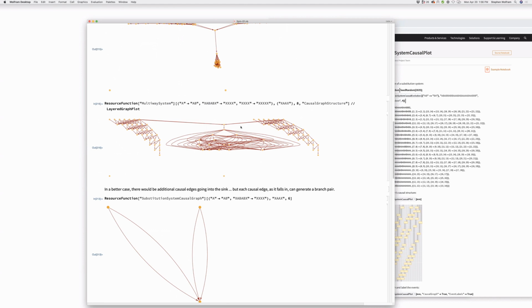We should be able to make a picture that shows explicitly these are the causal edges that wound up inside the event horizon, and these are the causal edges that were sitting on the outside of the event horizon. Right. But now, as the black hole evaporates, what will we expect to see? We expect to see one member of the branch pair that sits outside the event horizon, but possibly within the entanglement horizon. Or is that not correct?